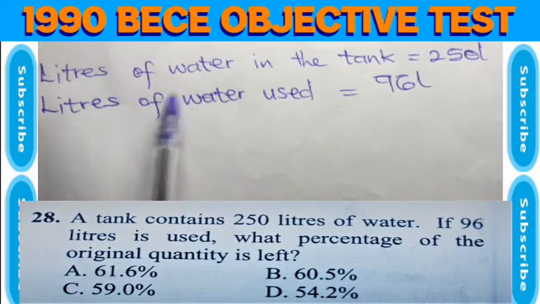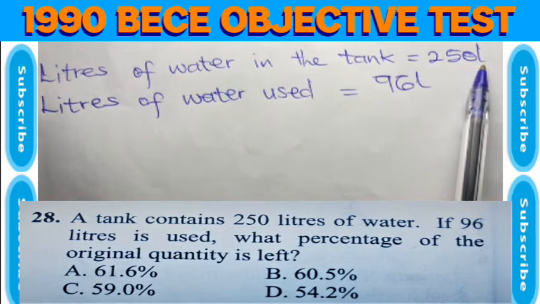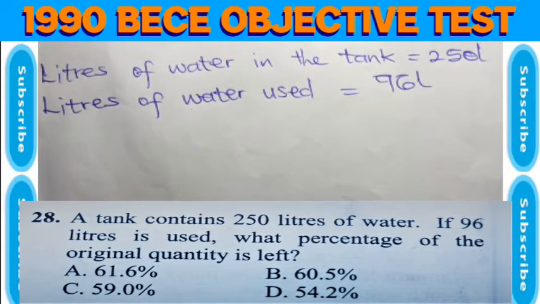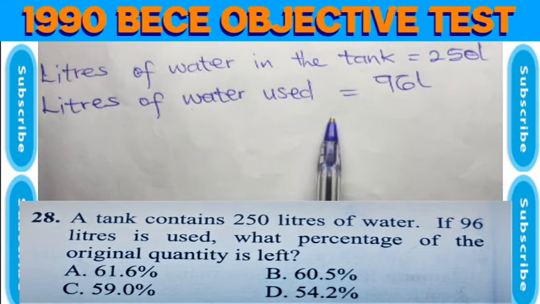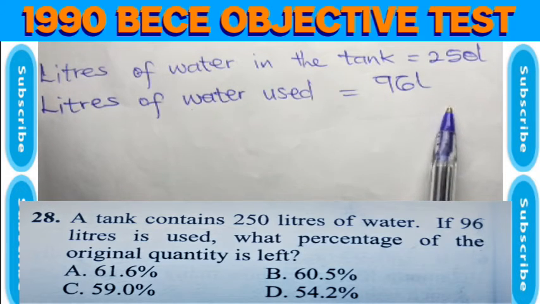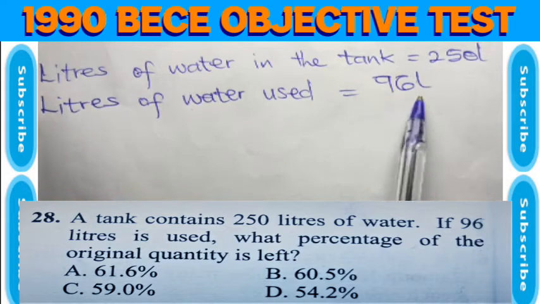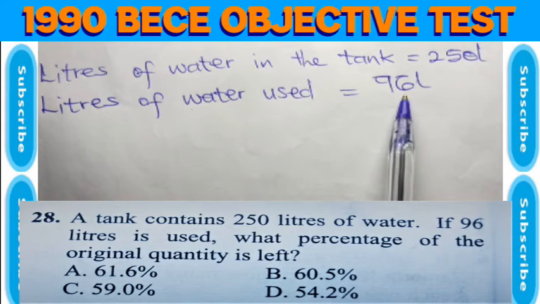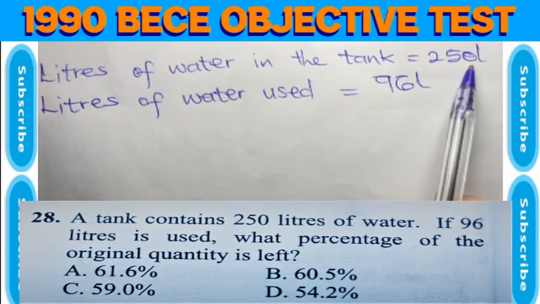So if the tank contains 250 liters of water, and the liters of water used is 96 liters, then what liters of water is left in the tank? We will need to subtract 96 liters, that is the liters of water used, from the total liters of water in the tank.